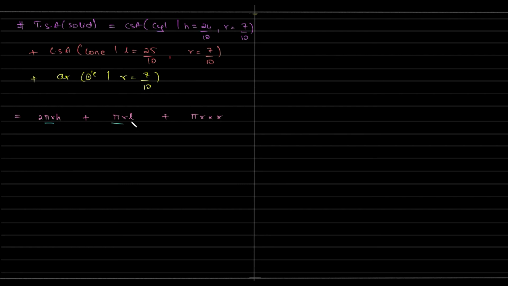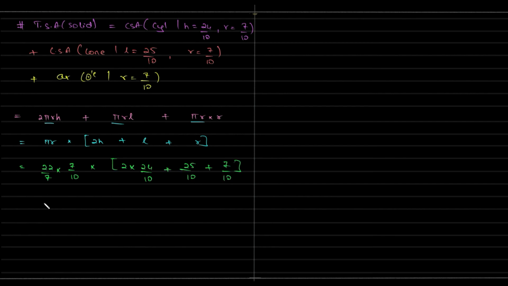So you have pi r common. So you have pi r into 2h plus L plus R, right? So all we have to do is substitute 22 by 7 into radius. All of the radius is same, 7 by 10. That's why I was able to take common. 2 into height, that is 24 by 10, plus slant height 25 by 10, plus radius 7 by 10.